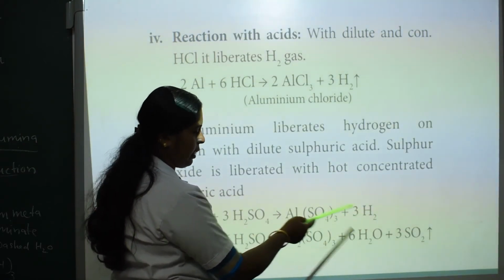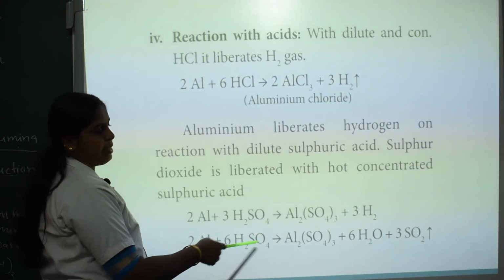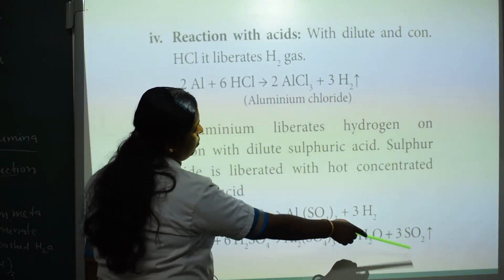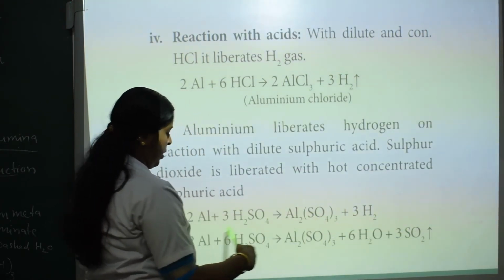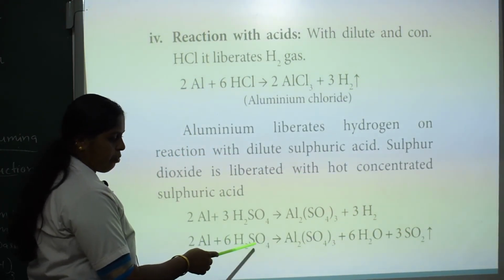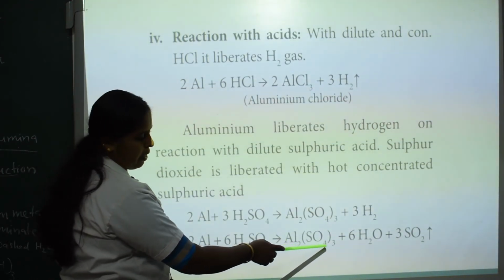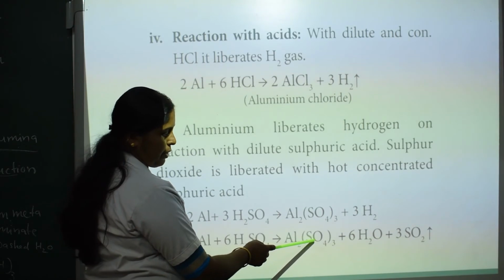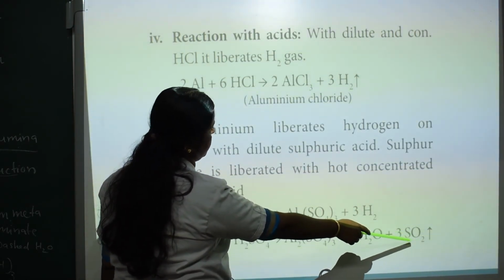With concentrated sulfuric acid, sulfur dioxide is forming instead of hydrogen. Aluminum with H2SO4 forms aluminum sulfate, Al2(SO4)3, plus water plus sulfur dioxide.